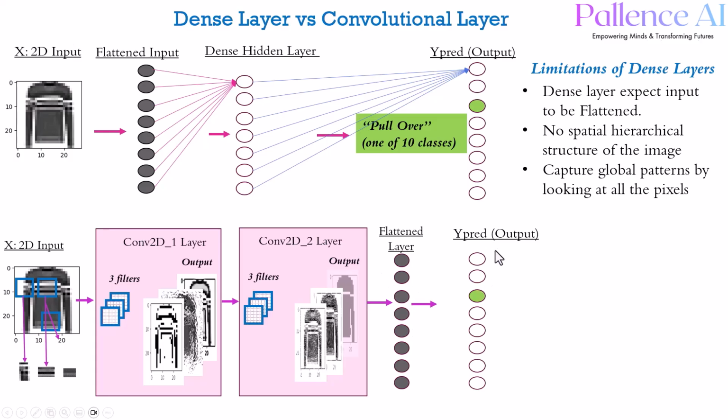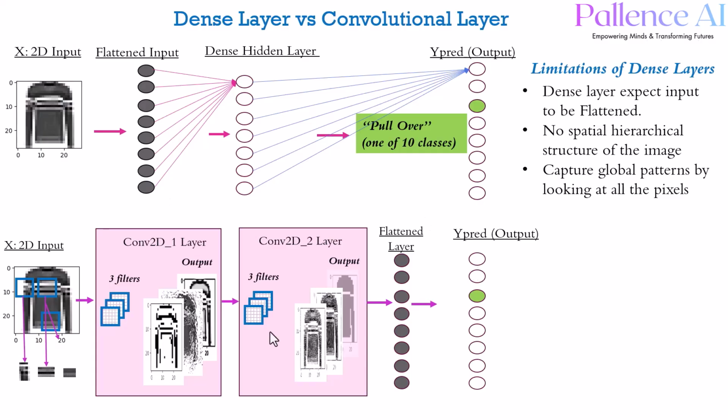Well, our final output layer, the bipred, is still a dense layer, and the dense layer expects the input to be flattened. So you have to flatten the output of the second convolutional layer, whatever 3D output you're getting. And then on top of that, you have your final output layer, which is also a dense layer, and then it's the same process.